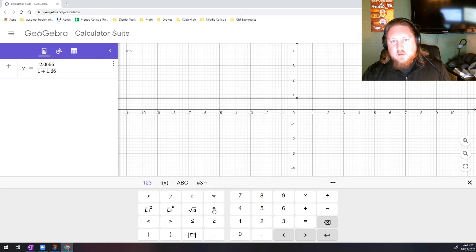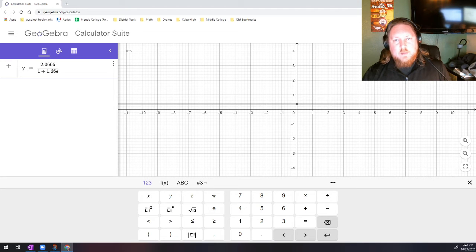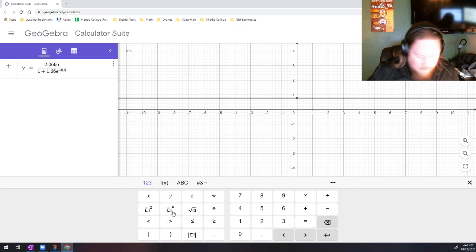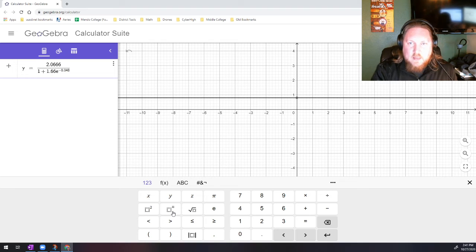And if you take a look here, there's actually an e as an option for your graph. And we need the exponent now. Negative 0.048. And instead of t, we're just going to use x.